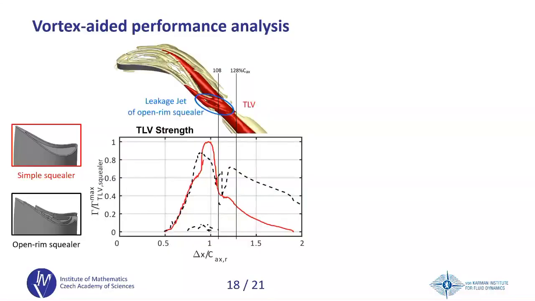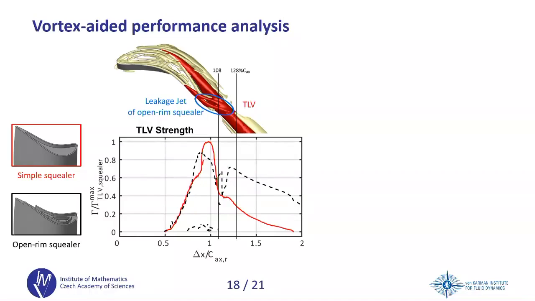So we looked at the evolution of the tip leakage vortex. Here's a plot. The red curve is the evolution of the vortex strength for the conventional simple skew blade, and this dashed black curve is the evolution of the strength for this optimized open skew design.